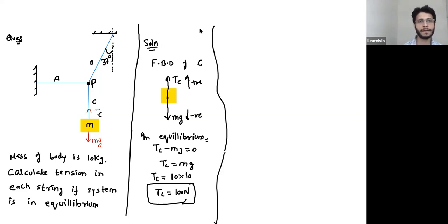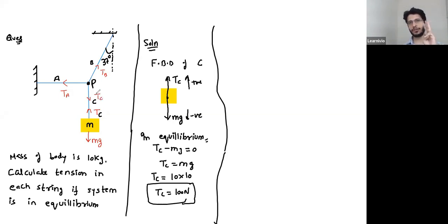Okay. Now let's consider this point P. If we consider point P, then three tensions are acting over it: one here, which is TA, one here, which is TB, and one here, which is TC.